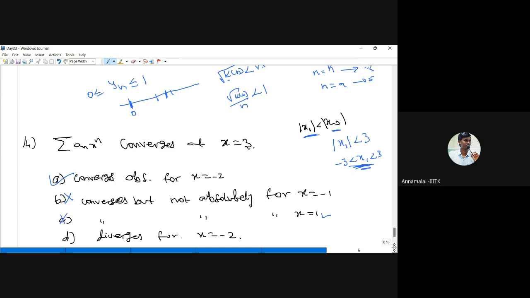The last option says diverges for x equal to -2, but the radius of convergence is 3, so -2 is inside this interval. Therefore it converges, and this is also false. Therefore, the correct one is converges absolutely for x equal to -2.